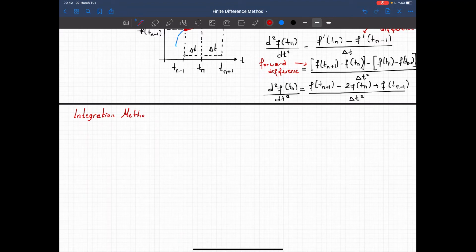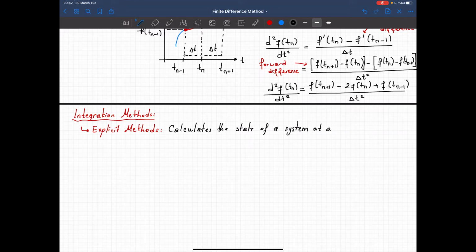So we classify them into explicit methods, and the explicit methods are as follows: calculates the state of a system at a later time from the state of a system at the current time.